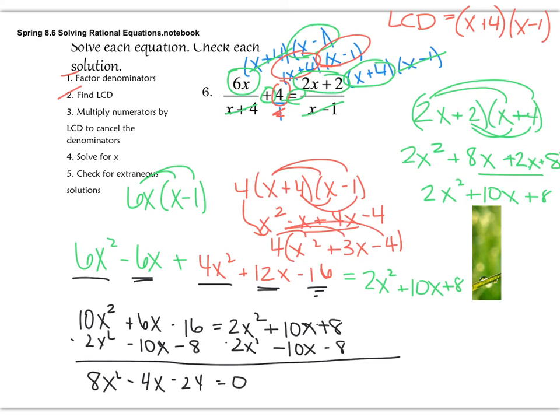I can factor, so I can take a 4 out of all of that. So that leaves me with 2x squared minus x minus 6, which we will factor further. So let's see, last one's negative, so one's plus, one's minus.